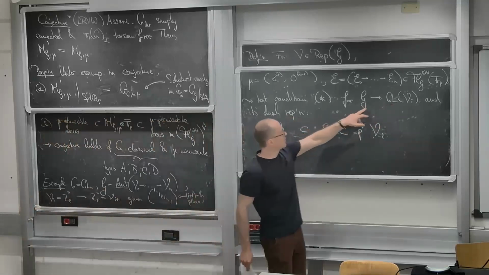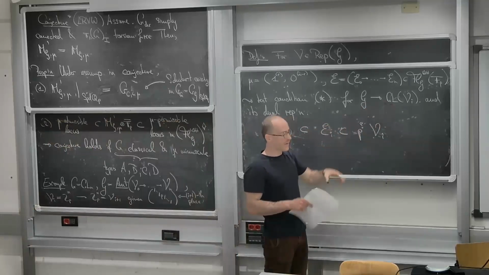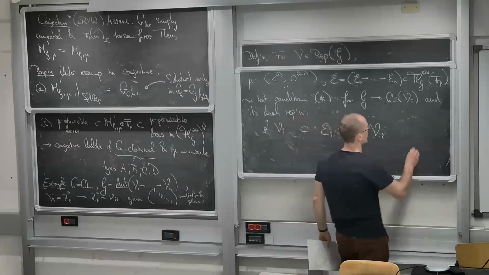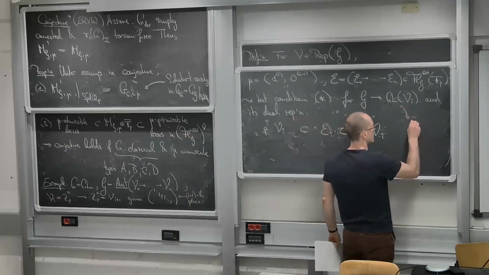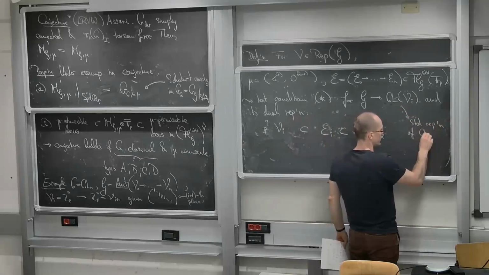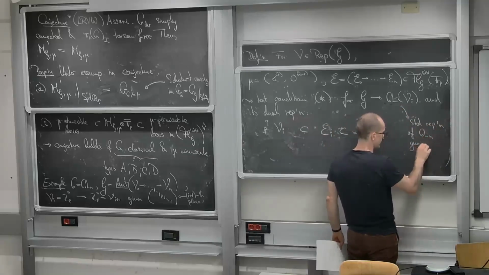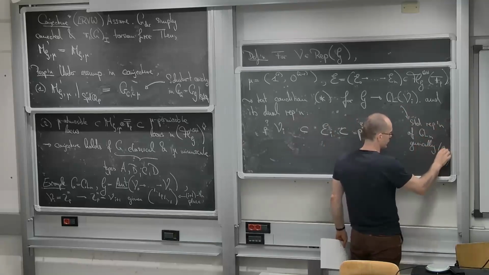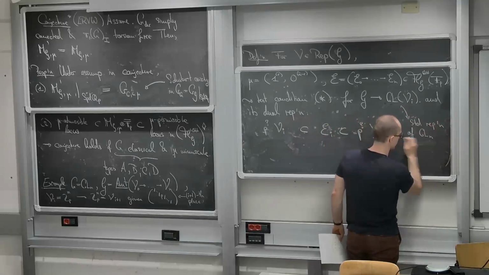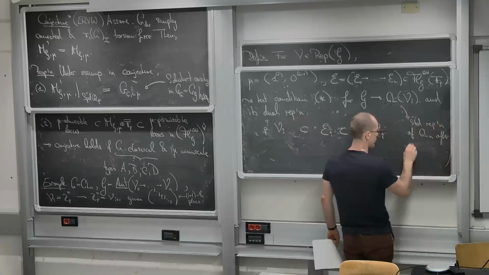So generically, this is the standard representation of GLN over Q, so after tensoring with Q_p.